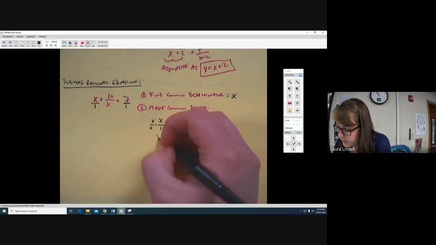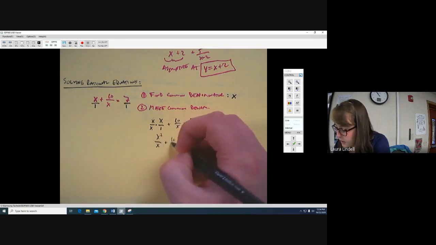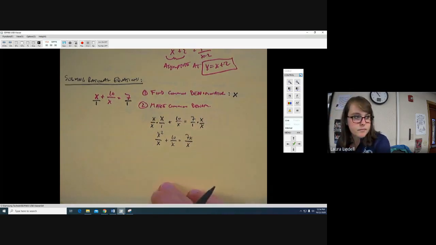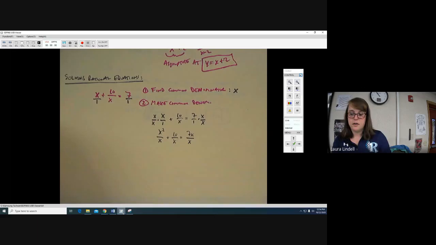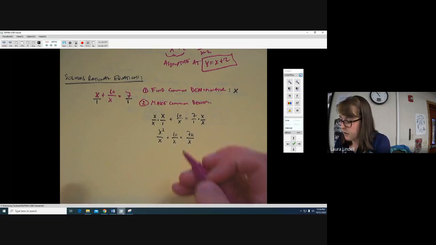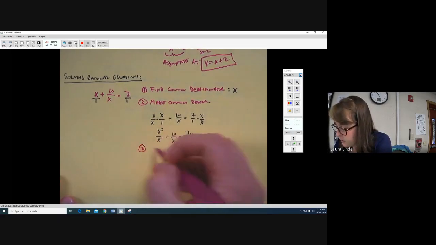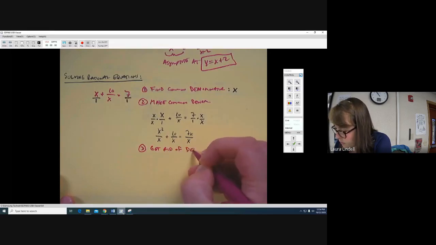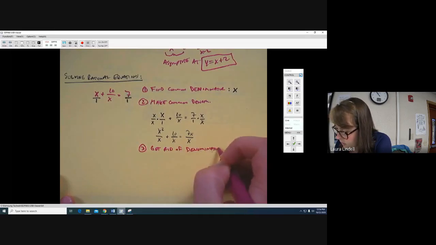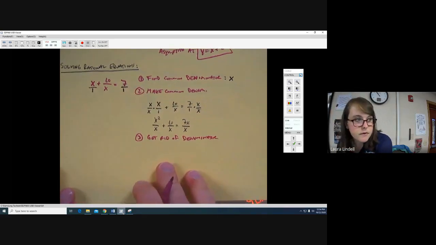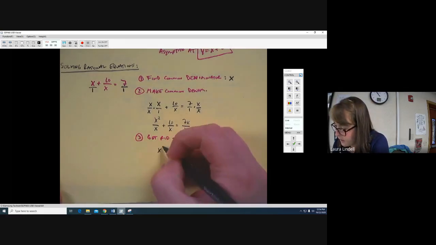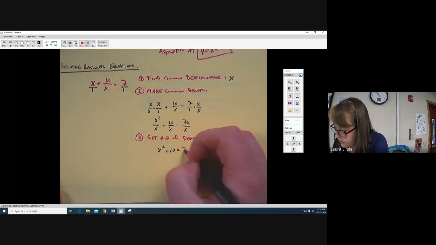So then we get x squared over x plus 10 over x equals 7x over x. Okay, so now that we have a common denominator, we can get rid of the denominator altogether. So when we get rid of the denominator, it now looks like x squared plus 10 equals 7x.